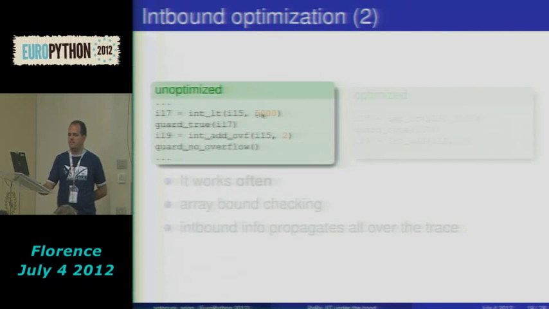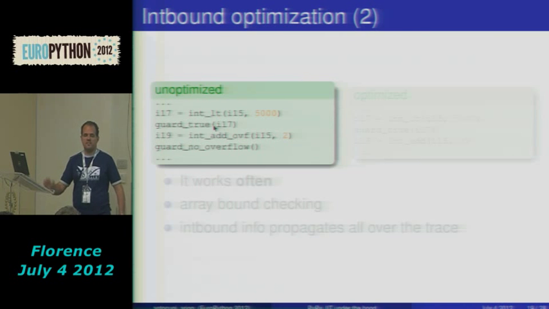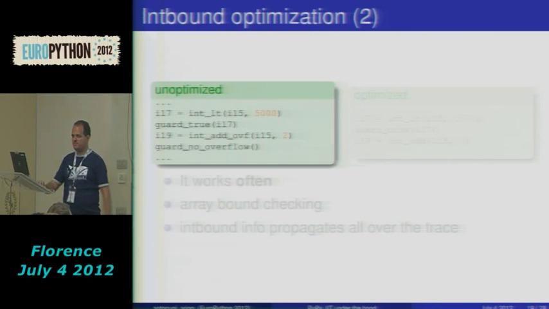We check that i15, which is a variable which contains the value of I, is less than 5,000. And we insert a guard, because in case the condition is false, we want to exit the loop. And then we have the addition, and we have this special operation, int add ovf, which also checks for overflow.